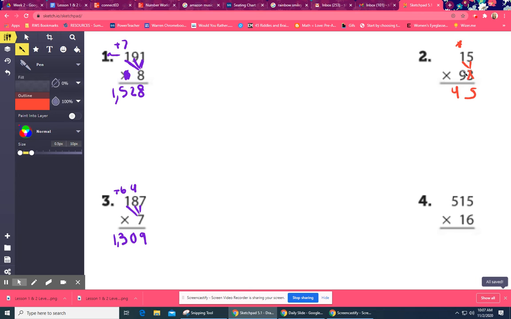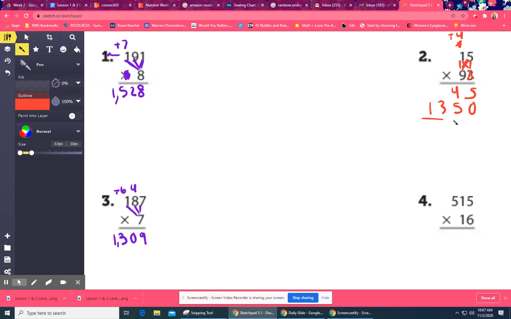So before I can take the 9 and multiply it to everything on the top, I have to put either an X or a 0 here. Doesn't matter which one, as long as you basically shift your answers over one place. So 9 times 5 is 45. And then 9 times 1 is 9. 9 plus 4 is 13.